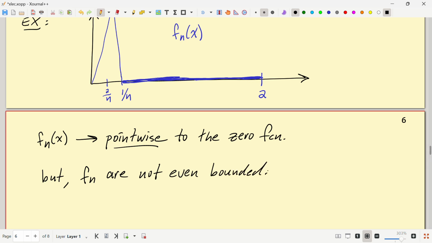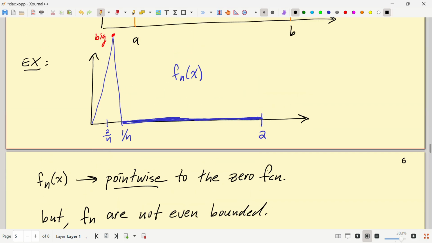For example, I could make the area of that tip equal to 1. The 2 over n should be on the right of the 1 over n. I should make it 1 over 2n, the middle of the tip.